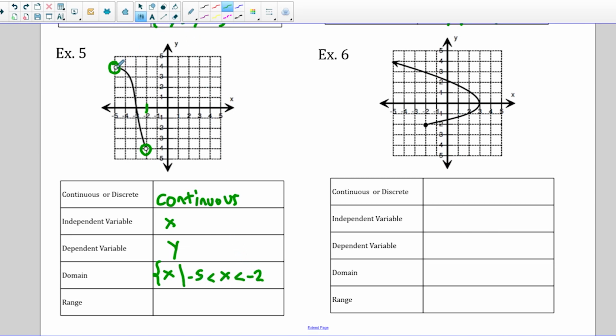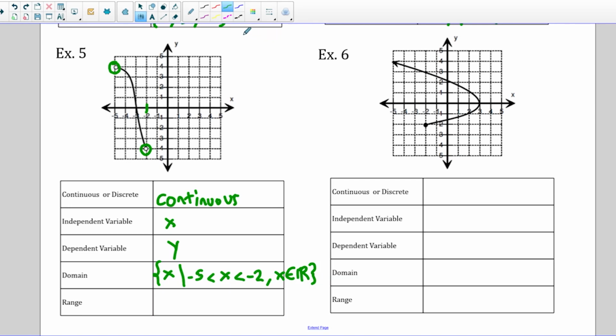Now looking back at your 2 endpoints, we notice that these are unshaded. So we have an unshaded point here at -5 and an unshaded point here at -2. So we would actually not underline your 2 inequality signs here. And we'd go ahead and finish this off by saying x is greater than -5, less than -2, and x is an element of the real number system, as long as we are between those 2 values.